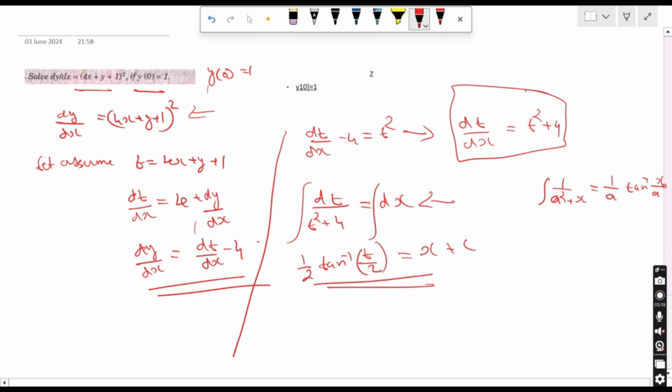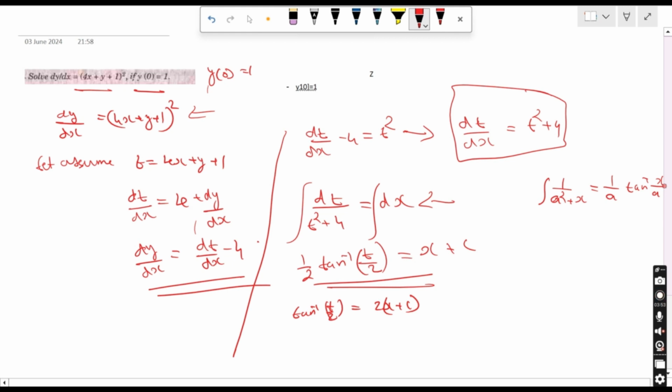So this is the general equation, but we can't stop here because we are already given an initial condition. Before that we also have to resubstitute our t. We have the general equation in terms of t, so we can rearrange. Tan inverse t by 2 equals 2x plus c.